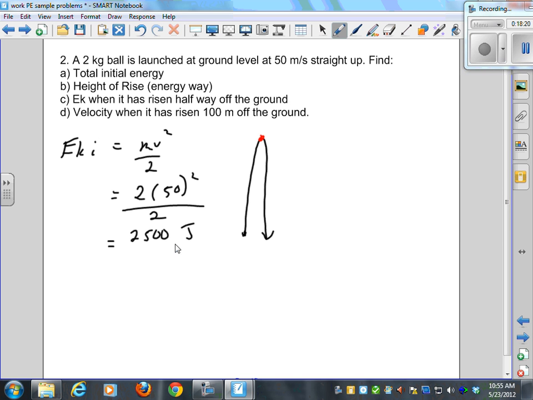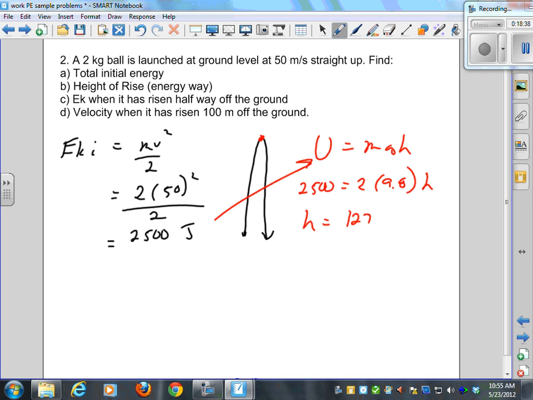So all I have to do is go U equals mgh. All of that 2,500 becomes potential. So 2,500 is equal to 2 times 9.8 times my height, and I get a height of 127.6 meters. That's pretty easy to do.